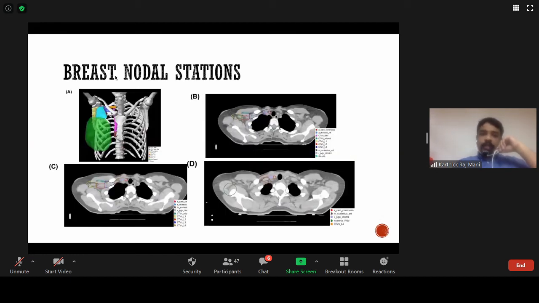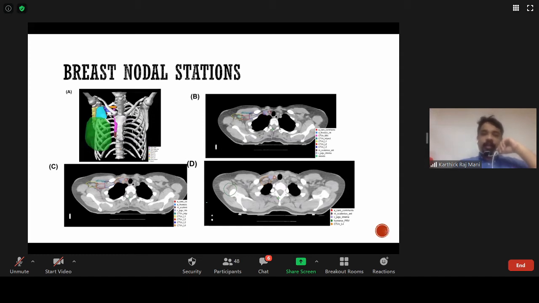So for breast nodal irradiation, with the ESTRO guidelines, as Dr. Farid and Dr. Zakir told, we have to be very clear when we talk about regional nodal irradiation: whether we are going to give to level 3 and supraclav, or level 1 and level 2, has to be clearly mentioned.